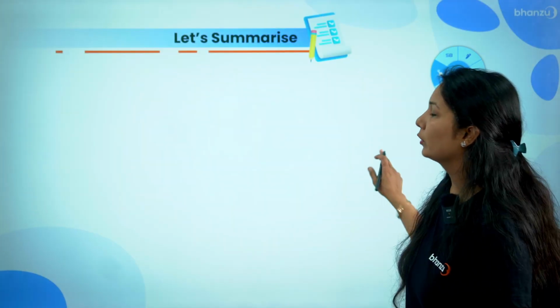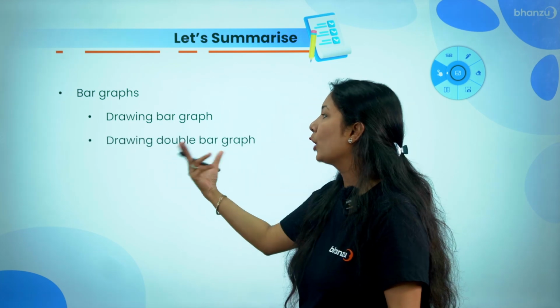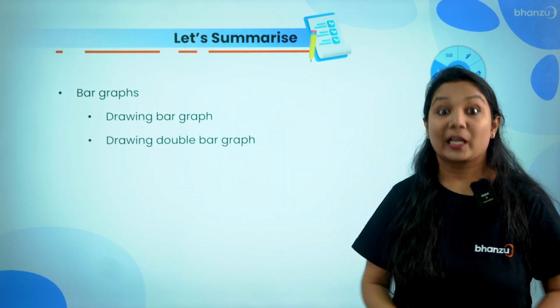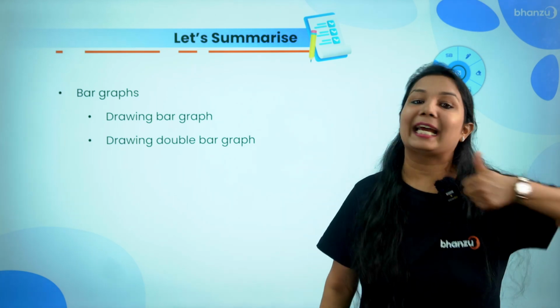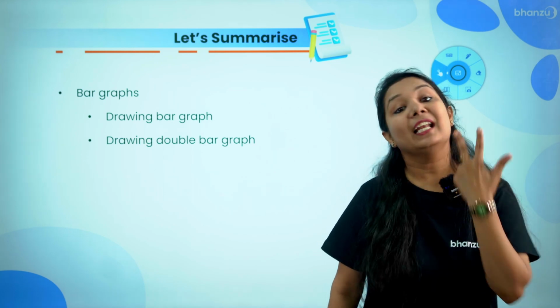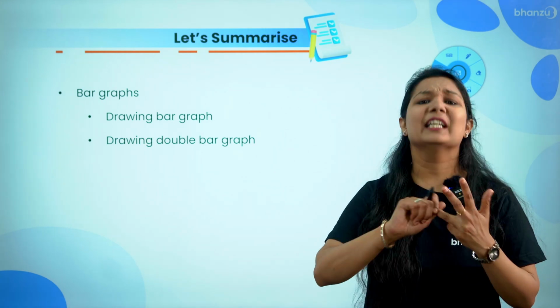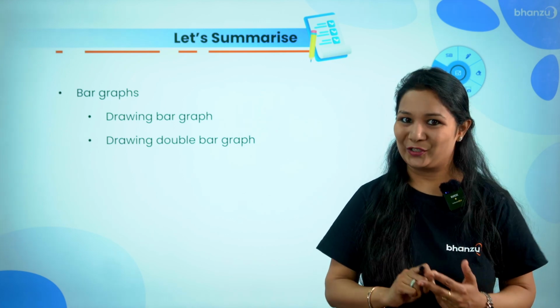So let's summarize what all we had covered. We had covered in today's session about bar graphs. How do we draw bar graphs and how do we draw double bar graphs? And what are the steps to be followed? First of all, we always give the title to our graph. Then we draw the axis. Then we label the axis. Then we choose a particular scale according to the values given in the question.